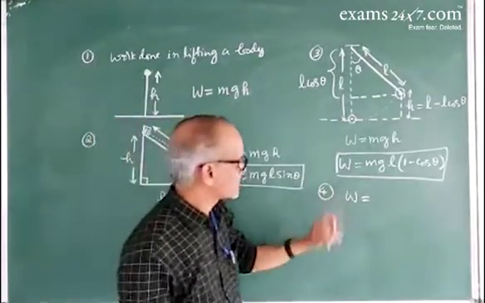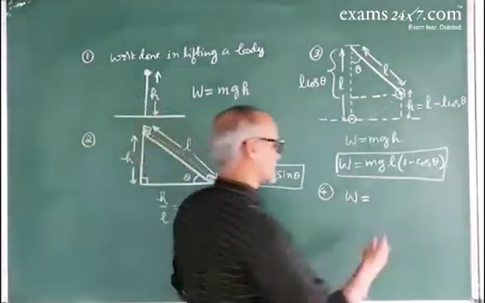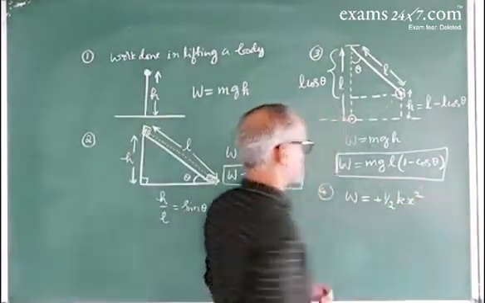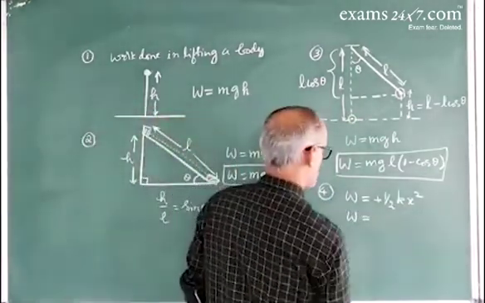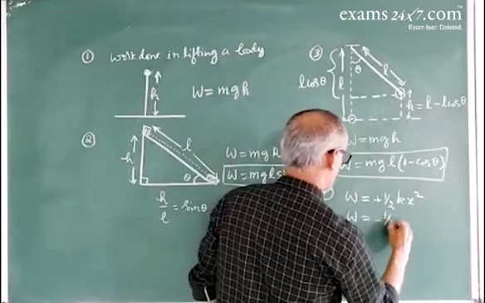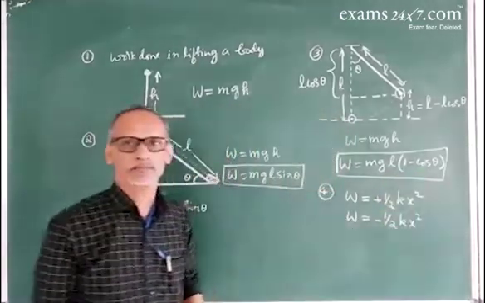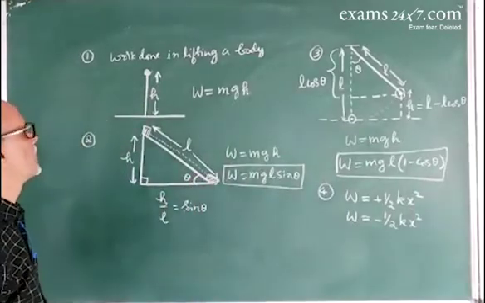Therefore, there are two cases which you need to remember. One, work done by the applied force is positive, which is half k x square. Whereas work done by the spring force is negative, which is minus half k x square. So these are the different cases which you need to remember.